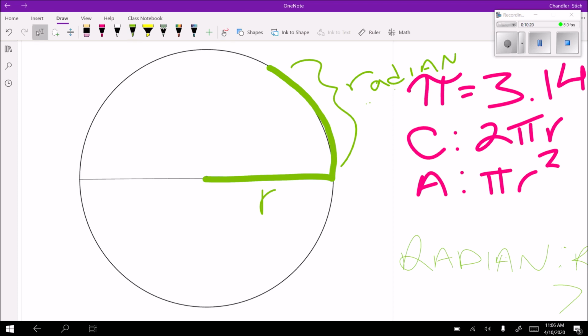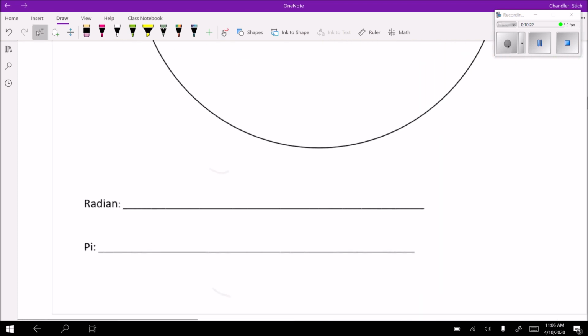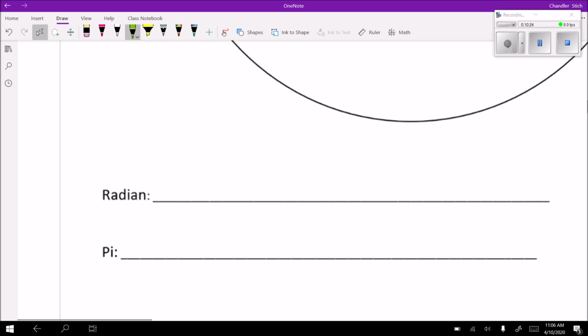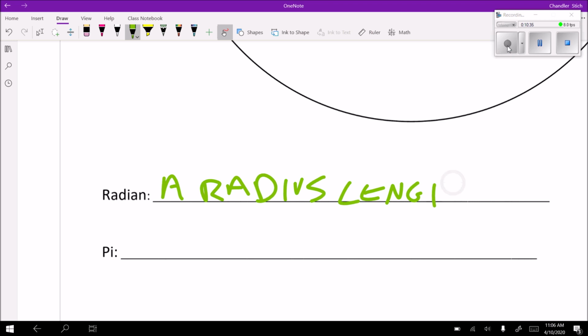Okay, so what is a radian? A radian is a radius length around the circumference.